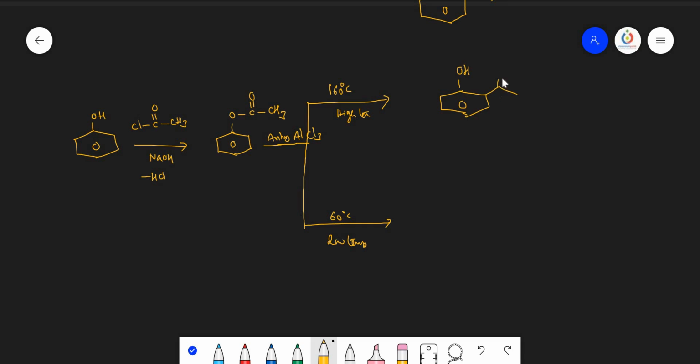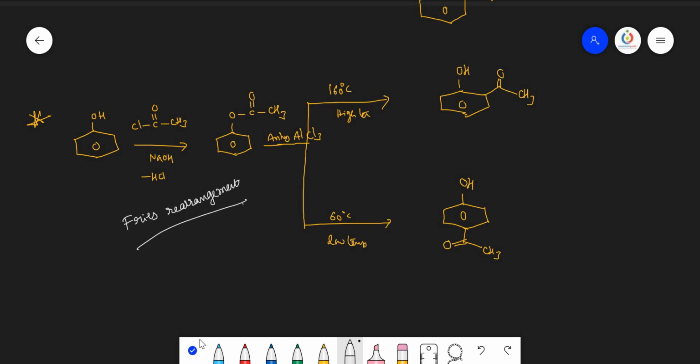OH, C=O, CH3. If you use the low temperature, this shall be transferred to the para position. And this is there in your NEET syllabus. This reaction is so important, and the name of this reaction is Fries rearrangement.